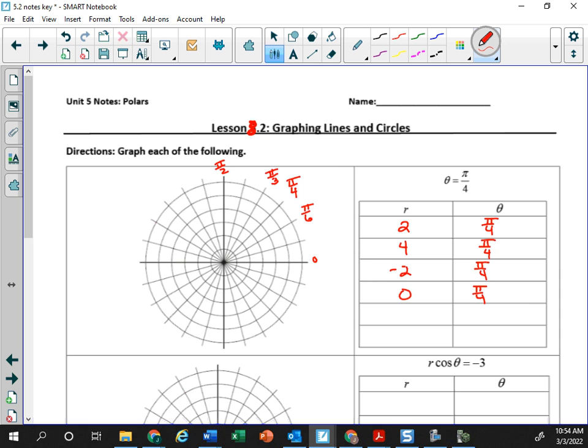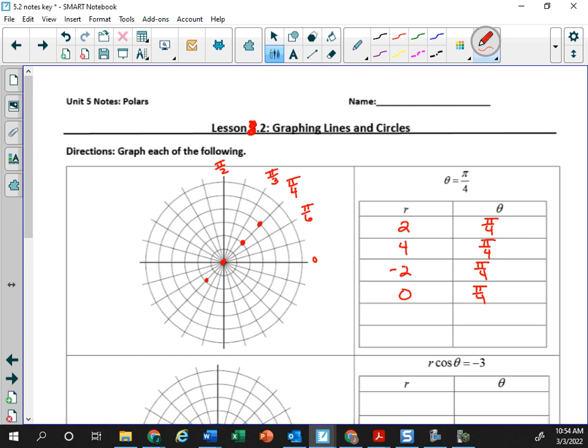A lot of pi over 4s. If I actually go to plot those points, I can go to a radius of 2 and then come around to pi over 4. Put a dot. Radius of 4, angle pi over 4. -2, pi over 4. 0, pi over 4.